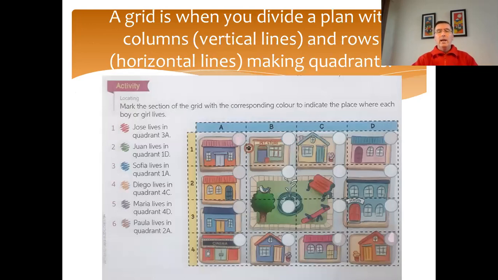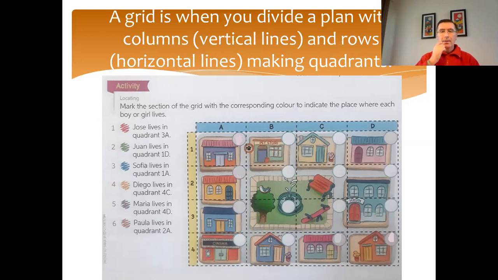And finally, we have something that is similar, which is a grid. A grid is when you divide a plan with columns, which are the vertical lines, and rows, which are the horizontal lines, making quadrants. So it's something similar to a chess board.